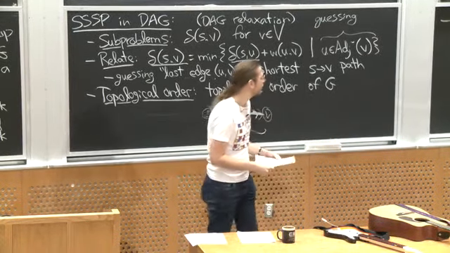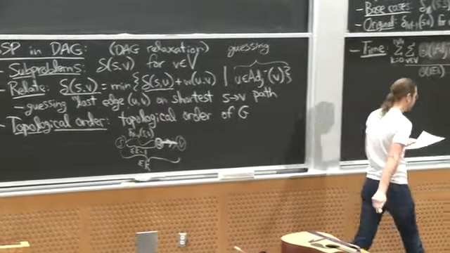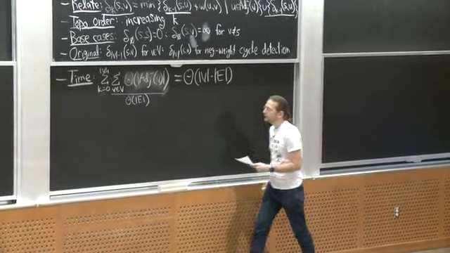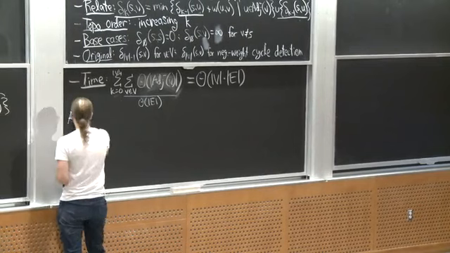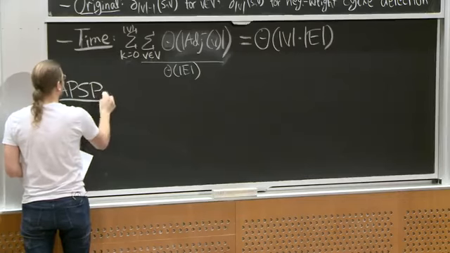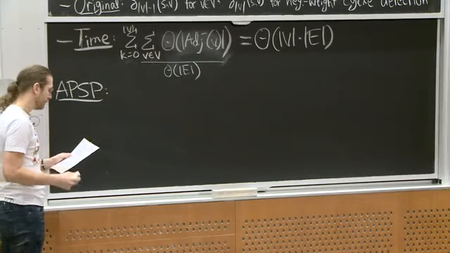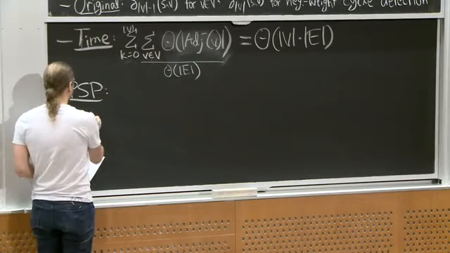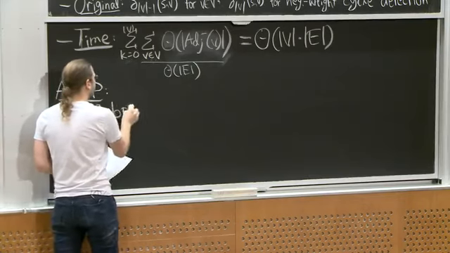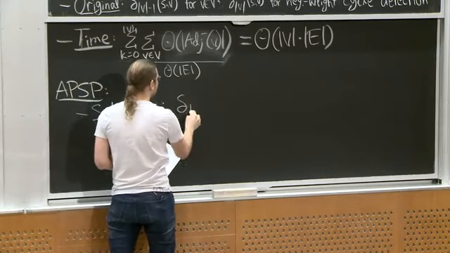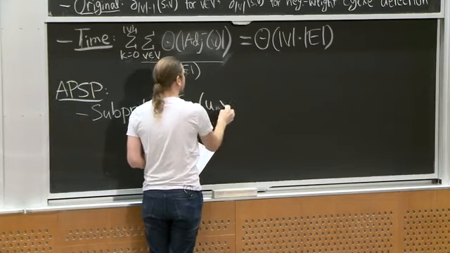Let's look at another example, which is our friend, maybe I'll write here, all pairs shortest paths. Okay, a few lectures ago, we saw Johnson's algorithm, which solves this very well. So one option we could use is just this same set of subproblems, but for all u and v.